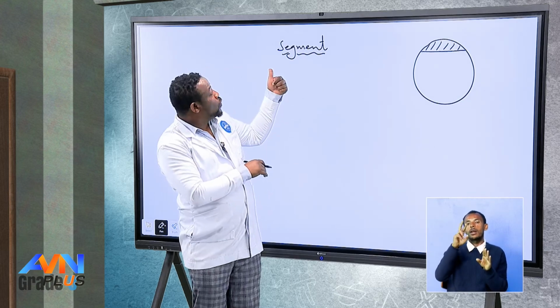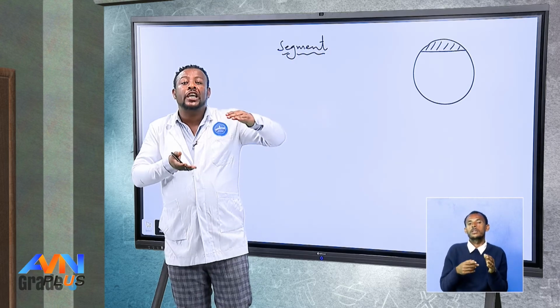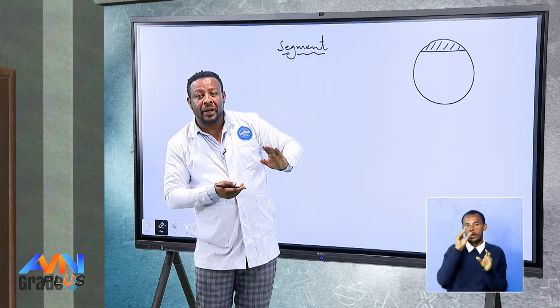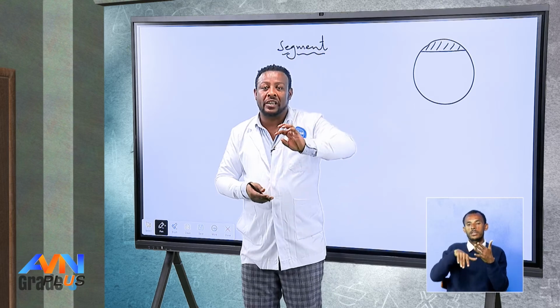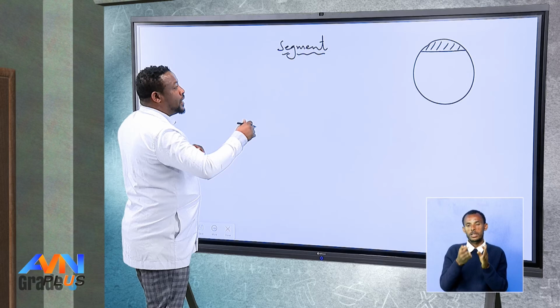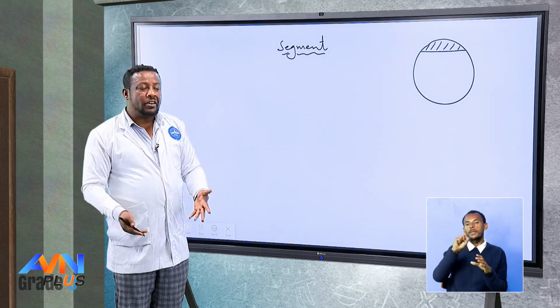But a segment of a circle is a region enclosed by a chord and an arc, right? So this shaded region is considered a sector based on our definition. So let me put the definition first, then we classify segment as major and minor.